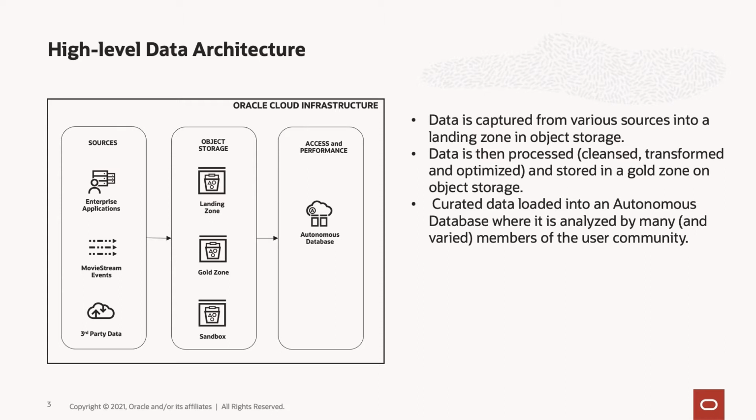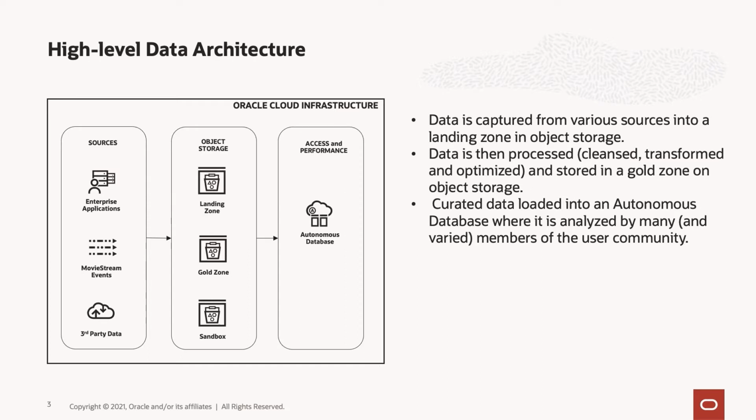We're also going to transform and cleanse customer information. So all of that comes from the source landing zone into the gold zone. Now there's a third zone, which we call the sandbox. And the sandbox is really a playpen for data scientists to experiment with their data and to store their findings.